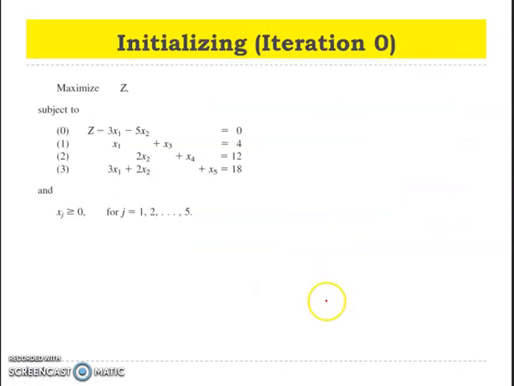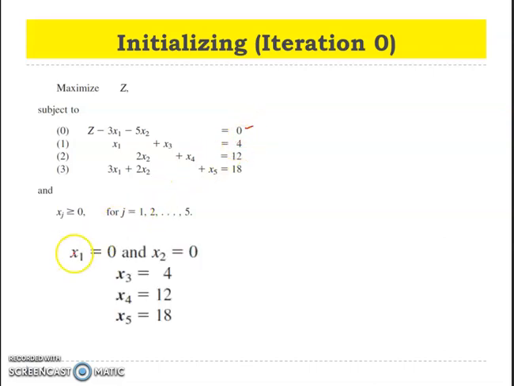Now we write this as maximization of z subject to z minus 3x1 minus 5x2 equal to 0, x1 plus x3 equal to 4, 2x2 plus x4 equal to 12, 3x1 plus 2x2 plus x5 equal to 18, where all these variables are greater than or equal to 0. So we consider this objective function as one of the constraints.